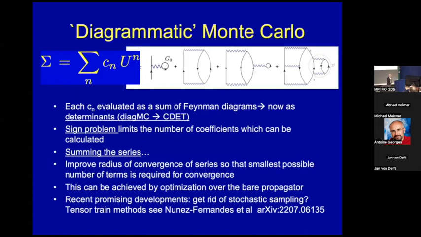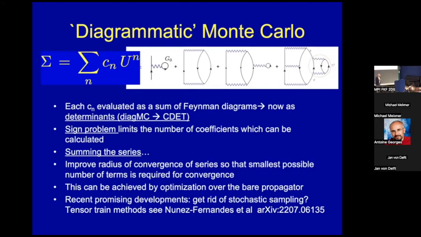And by using various tricks, one can try to push this radius of convergence to a large enough value so that converged and controlled results can be accessed for values of U over T which are no longer in the weak coupling perturbative regime. So it's doing non-perturbative physics with perturbative methods, thanks to resummation methods, when it's actually possible, both to generate the series and then to sum it up. And this is a method that has undergone tremendous progress in the last few years.